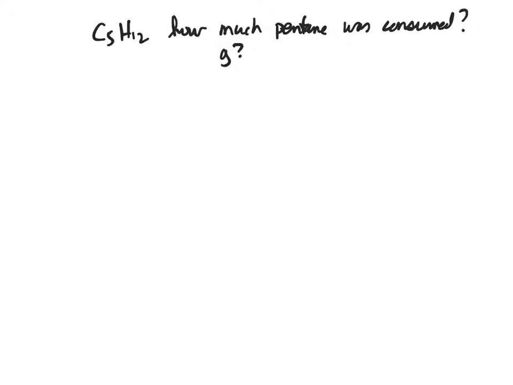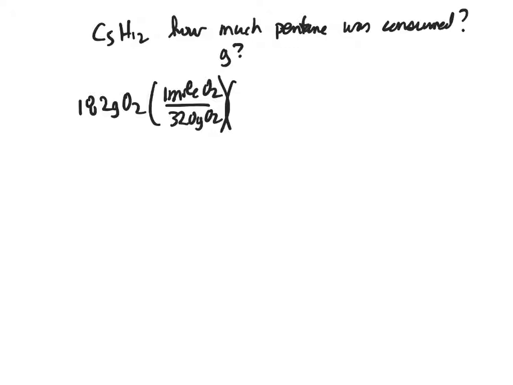So we're going to base our calculation on the limiting reagent. Our limiting reagent was the oxygen. So 182 grams of oxygen. Convert that to moles, and that 1 mole of oxygen is the same as 32 grams of oxygen. Grams oxygen divided by grams oxygen.